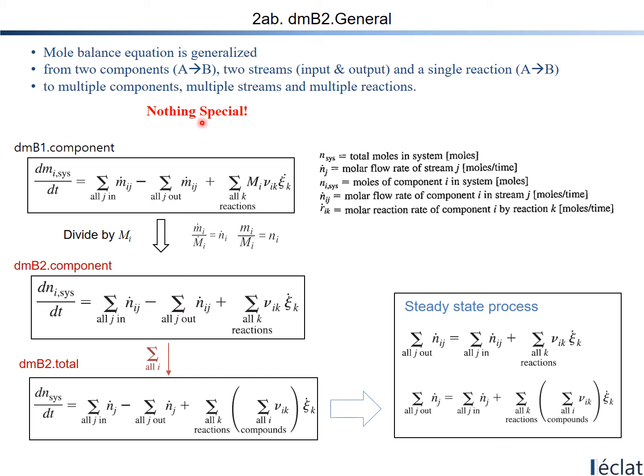Of course, these equations are based on the very basics of the material balance equation: accumulation is equal to in minus out plus generation minus consumption. Let me show you how these material balance equations, or in this case mole balance equations, work in the following examples.